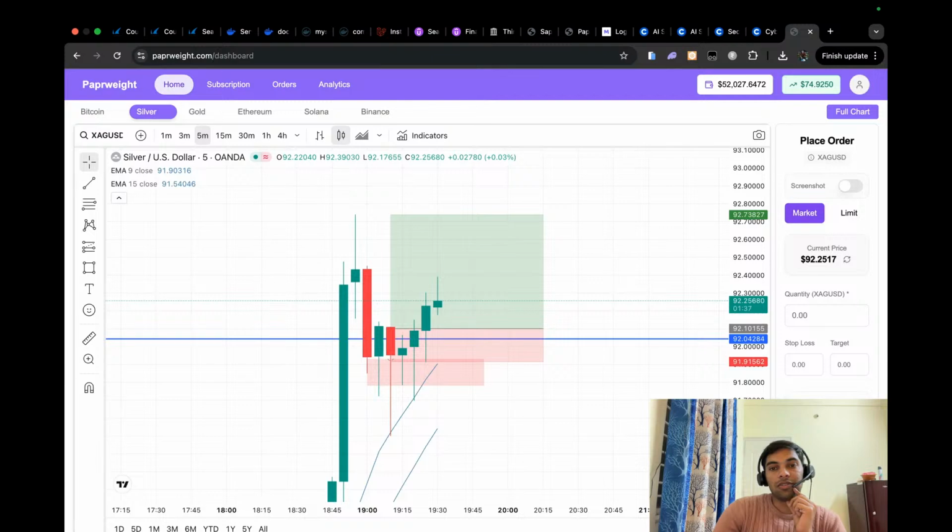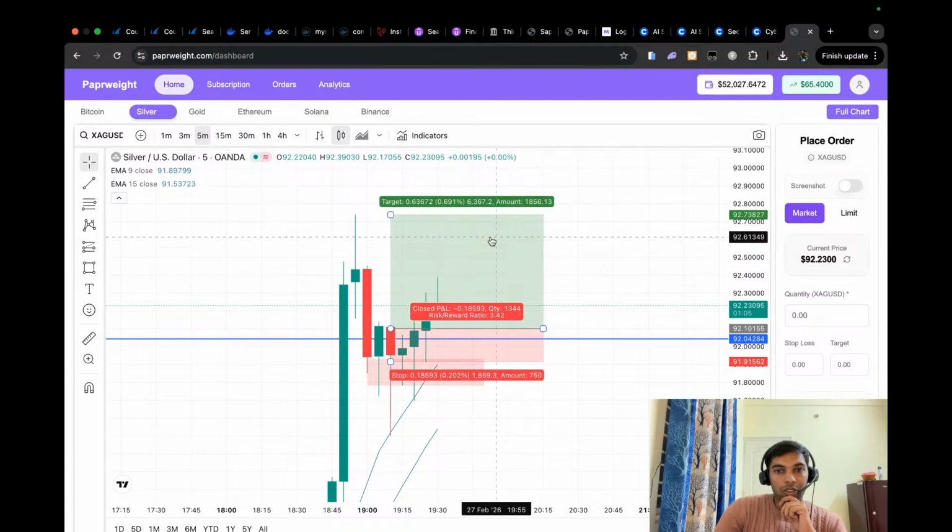Facing rejection from this area. This is not a good candle that is closing now. Remember, our stop loss is $90 and our target is $300. So it's a 1:3 trade almost. Yeah, 1:3.4.